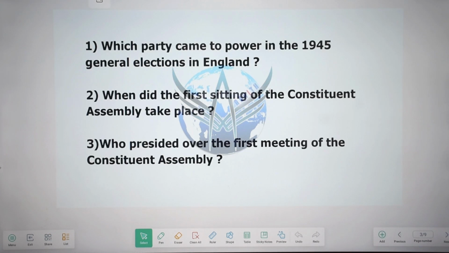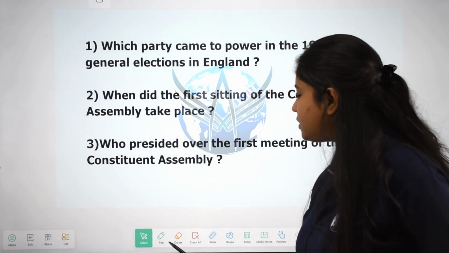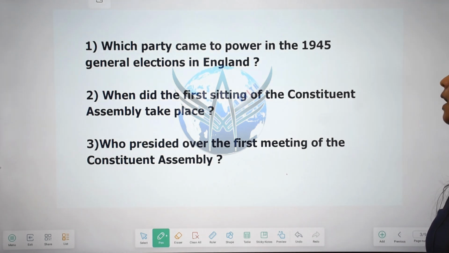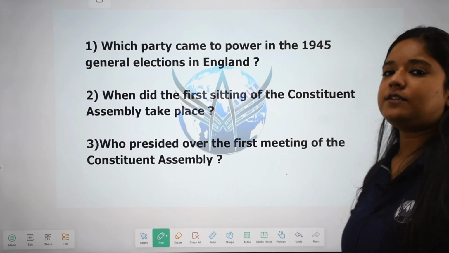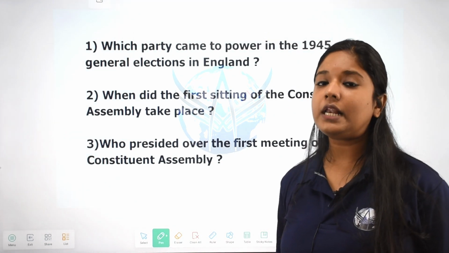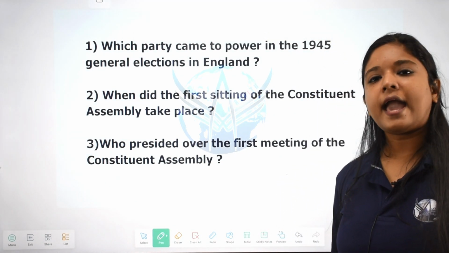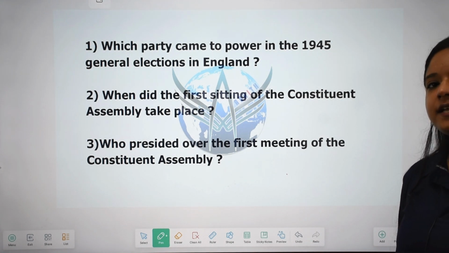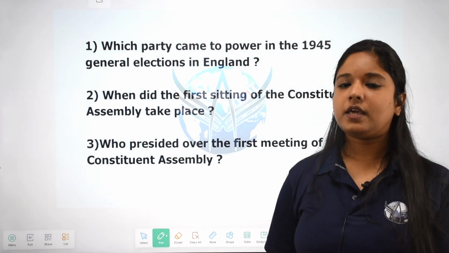Okay, let's begin. First question: which party came to power in the 1945 general elections in England? In the 1945 general elections, the Labour Party came to power. The victorious party decided that it was time for India to gain independence.